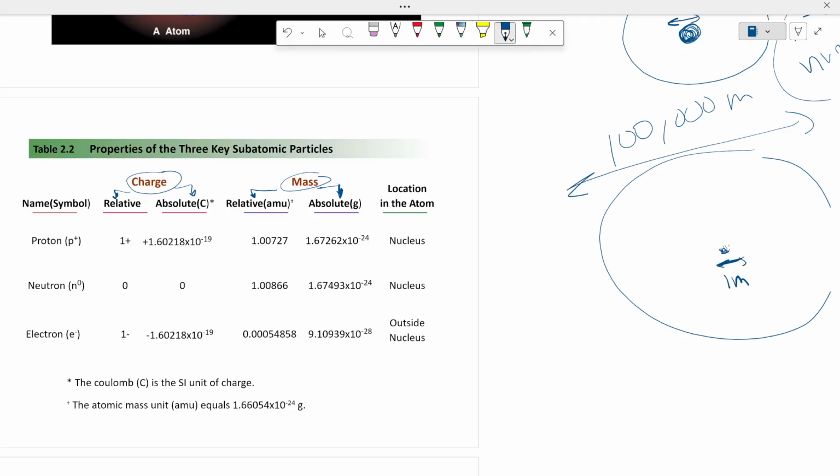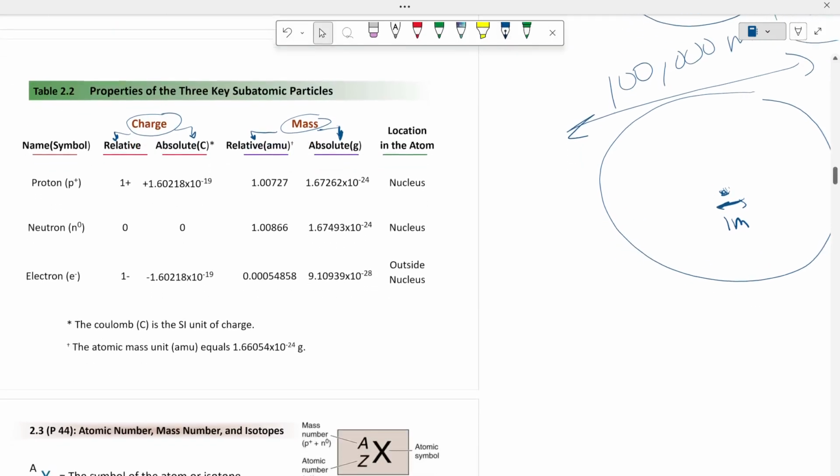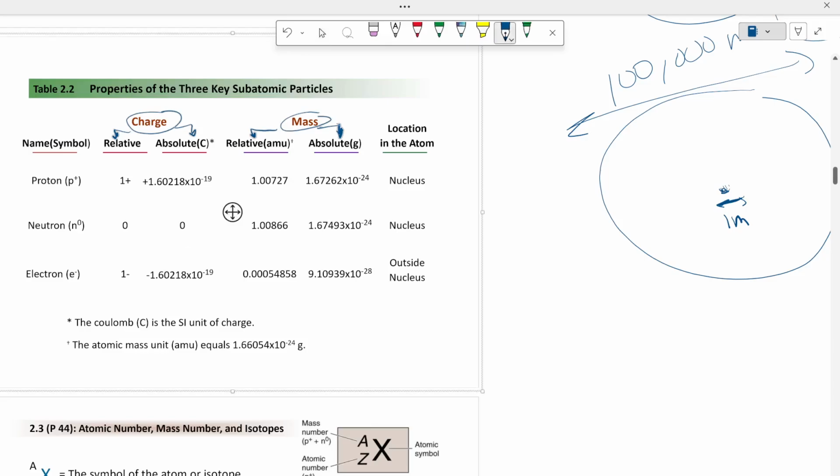So here, if we look at the absolute charge of a proton, we'll find that it is plus 1.6 times 10 to the power minus 19 coulomb. For a neutron, because it doesn't have any charge, it's 0. While for an electron, it is minus 1.6 times 10 to the power minus 19 coulomb. These are the actual or absolute charges of protons, electrons, and neutrons.